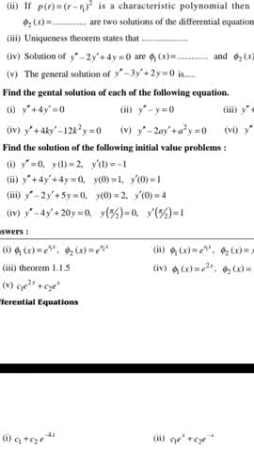Now, y double dash plus 4k y dash minus 12k square y is equal to 0.